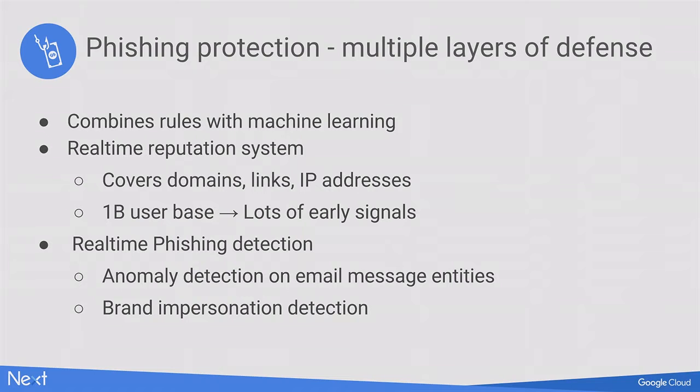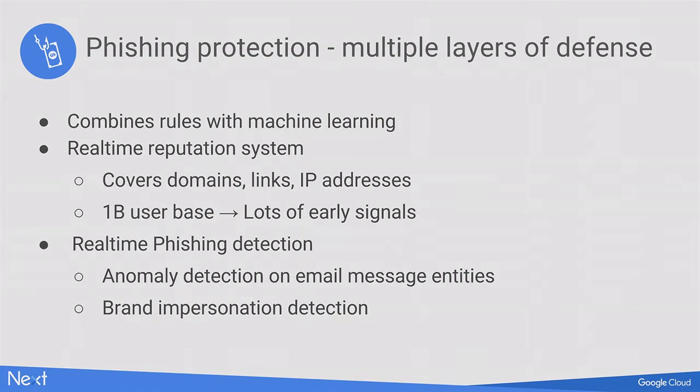And the fact that in Gmail we have a user base of over 1 billion users gives us plenty of early signals that help us keep the database up to date in real time. And you, as enterprise customers, get the benefit of that database, which uses the usage patterns we see from 1 billion users. All of these are signals used for early detection.